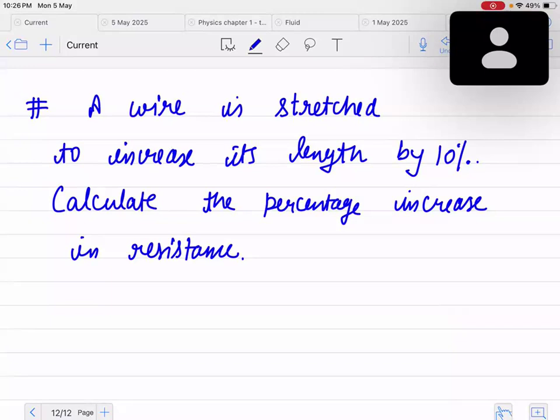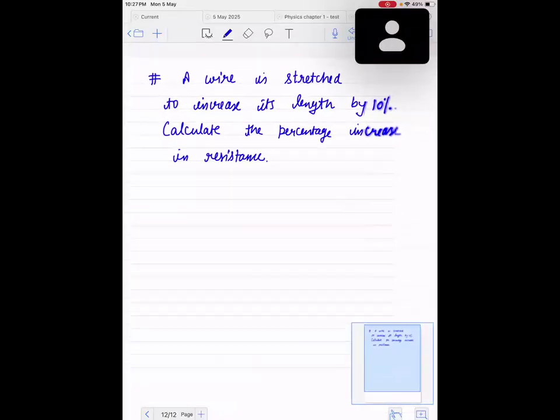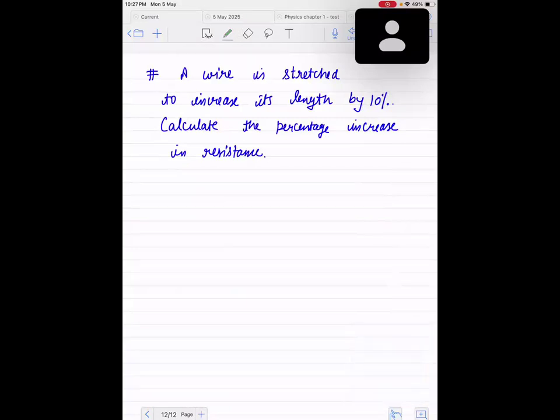And after that, you can calculate the percentage increase in the resistance. So how will you approach this question?